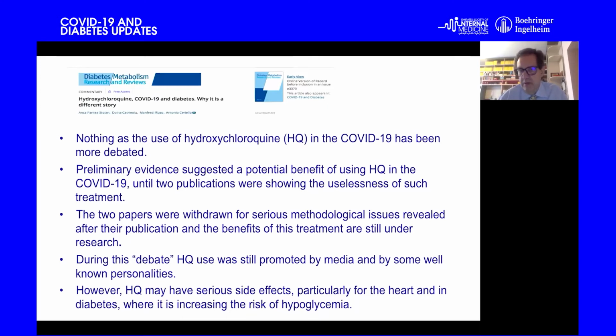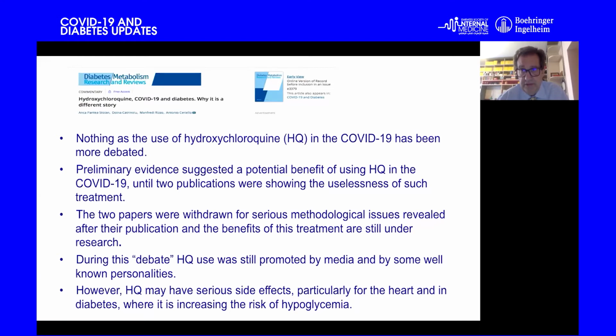There was some very preliminary evidence coming from China suggesting a potential benefit of hydroxychloroquine in the prevention of the disease, until two publications showed not only that it was not useful, but on the contrary, it can also be dangerous. These two publications were published in the New England Journal of Medicine and the Lancet, respectively.